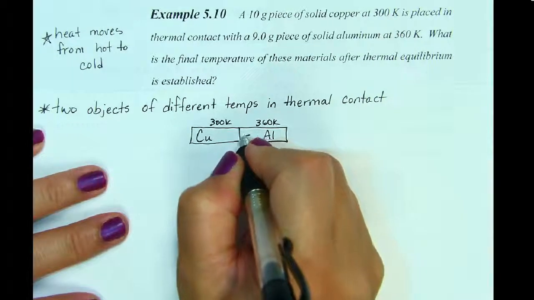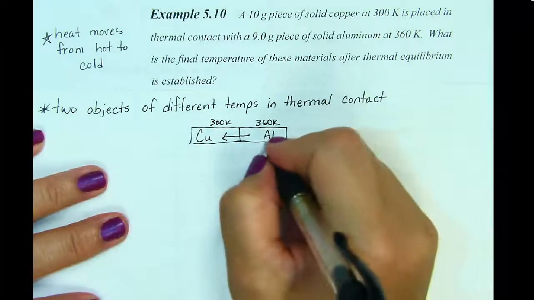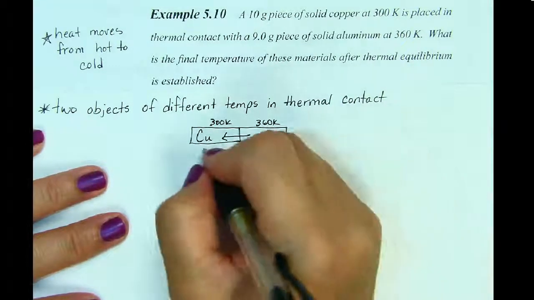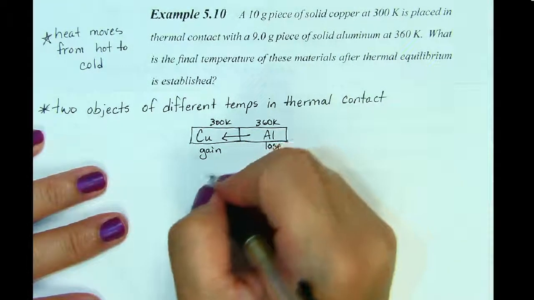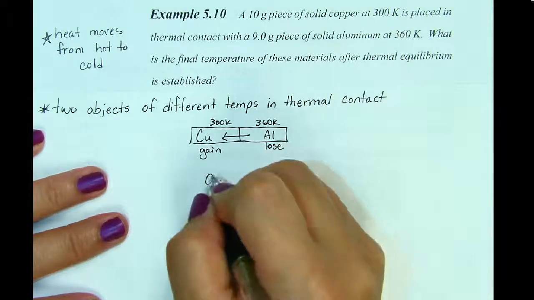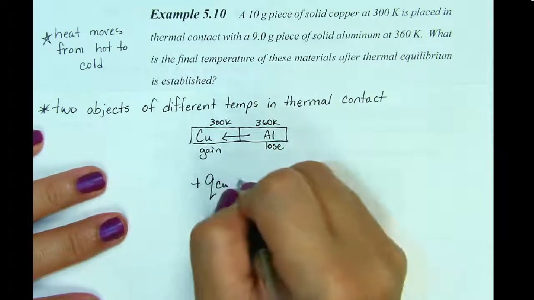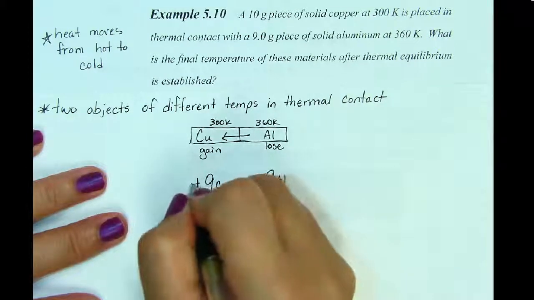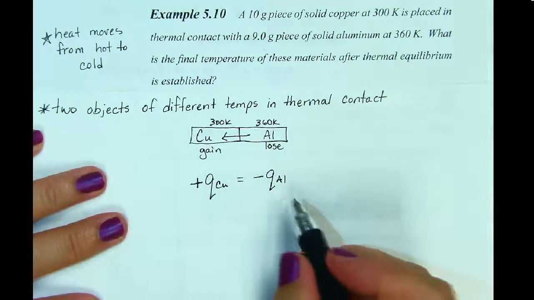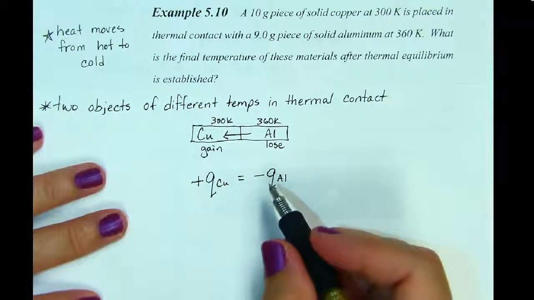So we expect the heat to be lost by the aluminum and gained by the copper. So we could say this: the amount of heat gained by the copper is equal to the amount of heat lost by the aluminum. And so we can have this equation right here.